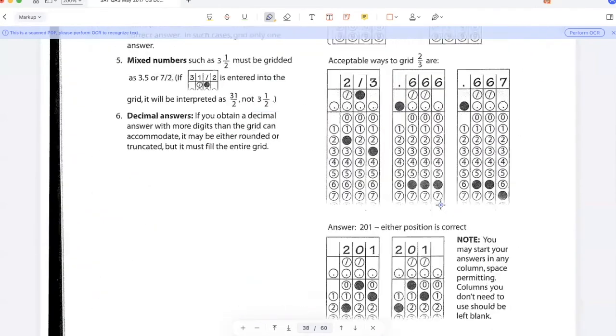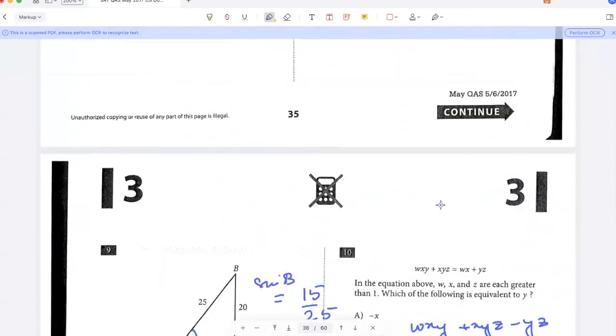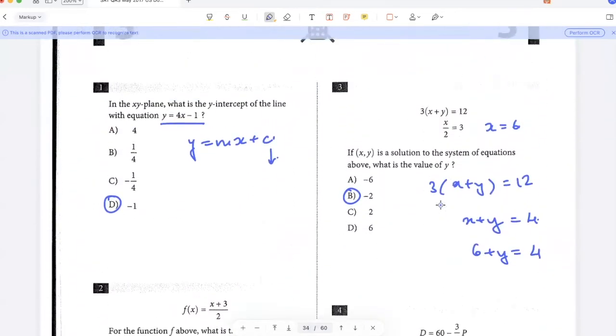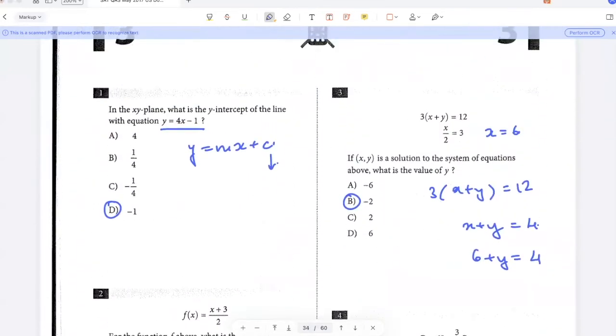Okay, so let's grade this. May 2017, math, no calculator.